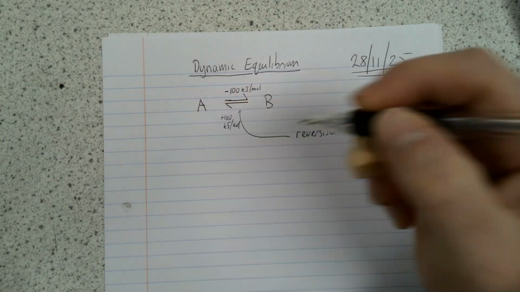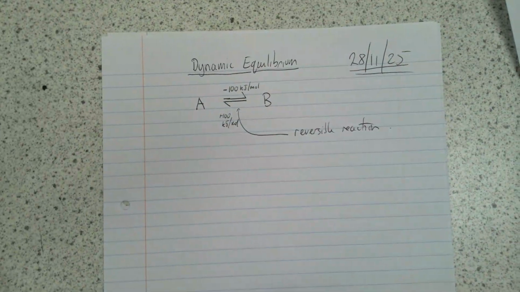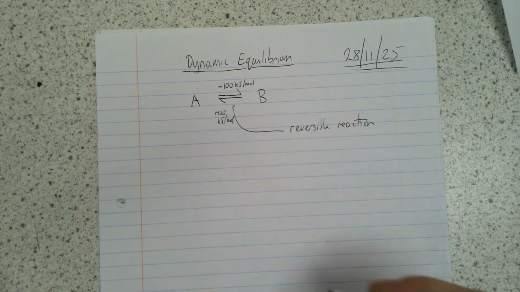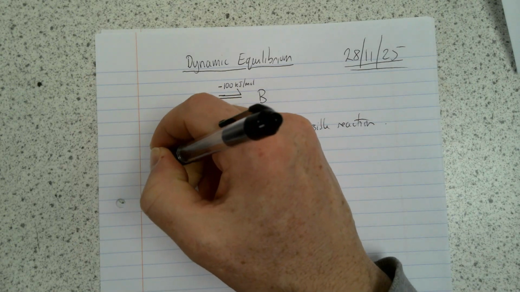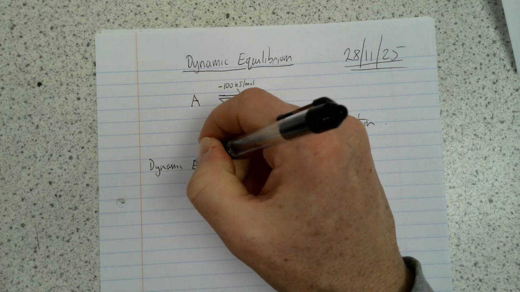Now, we're particularly interested in the situation of reactions when they reach what we call dynamic equilibrium. And this is when, dynamic equilibrium, this is a definition you have to learn.